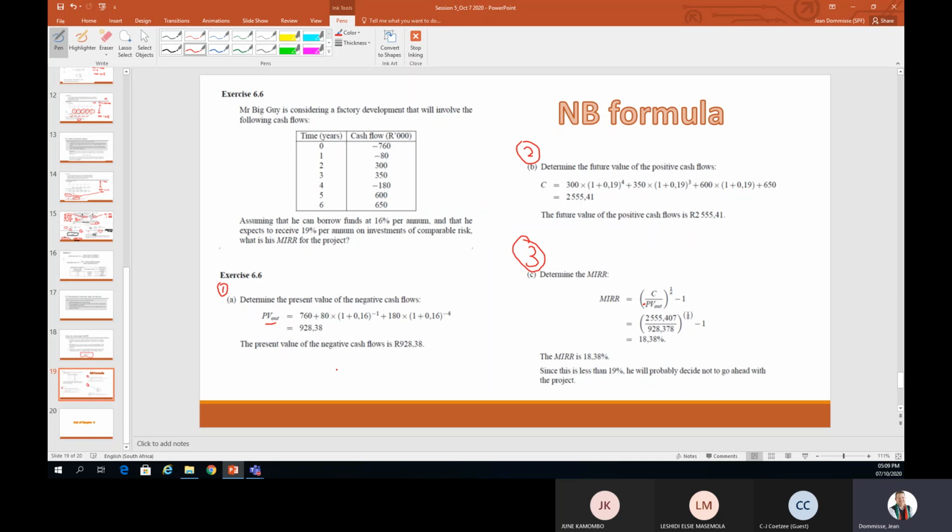So let me just check. That is my periods. Assuming that you can borrow funds at 16% per annum, that will be my interest rate. Let's see if I can get a present value out of that.